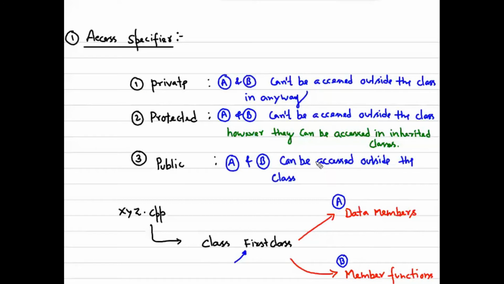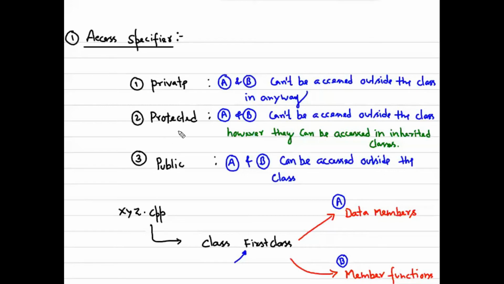So what is the point of making them private? The data members and member functions are written for inside logic. The member functions of that class would be using those data members, and nothing outside the class can access them.